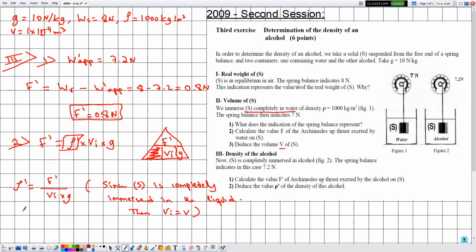Now let's rewrite the formula by replacing Vi by V. So rho prime is equal to F prime divided by V multiplied by g.